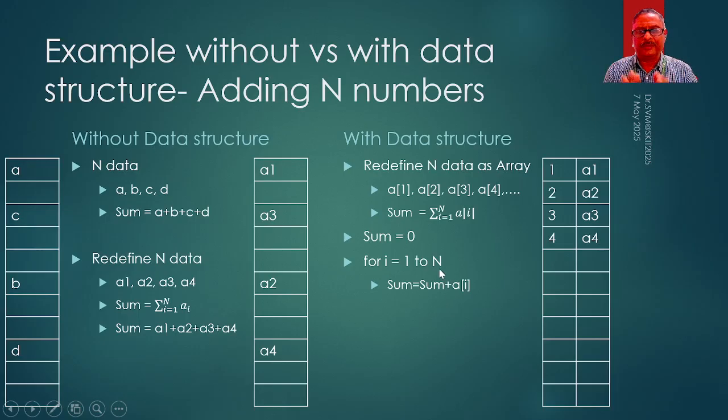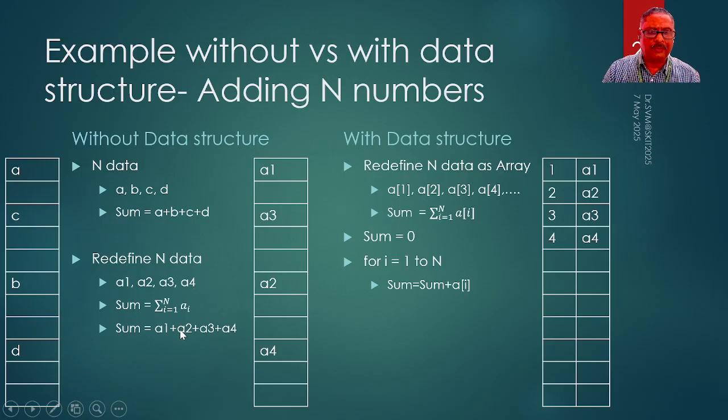If we have 1000 numbers, then the same three lines are sufficient to add all 1,000 numbers. Without an array, I have to give each of the 1,000 numbers a different variable, A, B, C, D like that. I can simplify that by A1, A2, A3, can go up to 8,000.